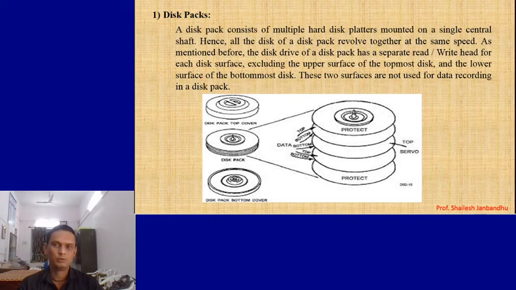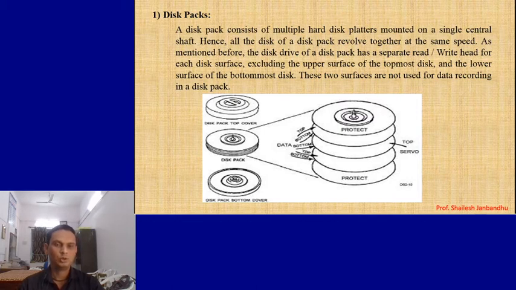As mentioned before, the disk drive of the disk pack has a separate read and write head for each disk surface, excluding the upper surface of the topmost disk and the lower surface of the bottommost disk, because these surfaces are used to compact all the disks with the central shaft. Therefore, in between top and bottom, all the disks can be read and written.